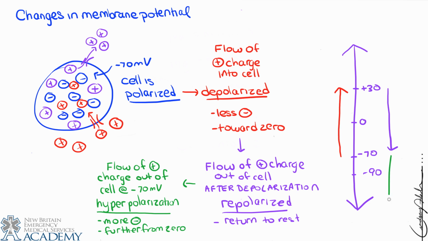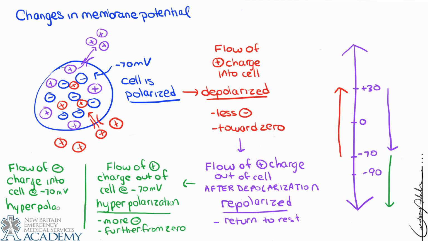The other way we can get hyperpolarization is flow of negative charge into the cell. Again, starting at minus 70, if negative ions move into the cell, they accumulate negative charges inside the cell, thus lowering the membrane potential. Anything decreasing from negative 70 to more negative is hyperpolarization.